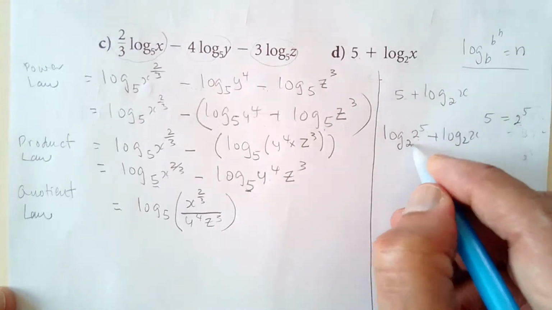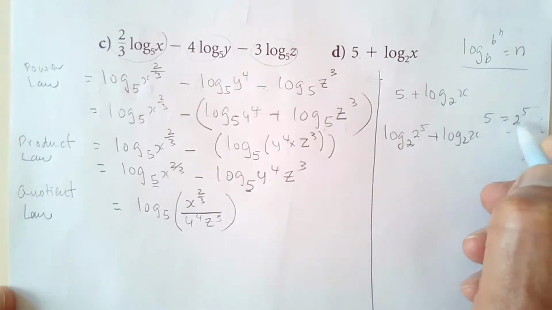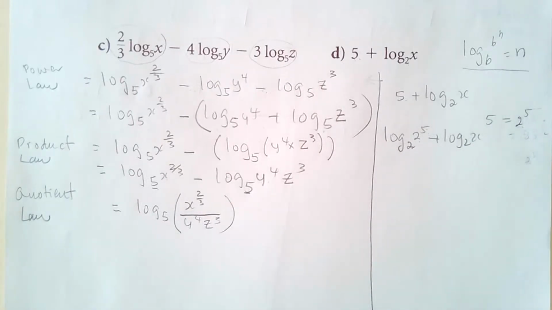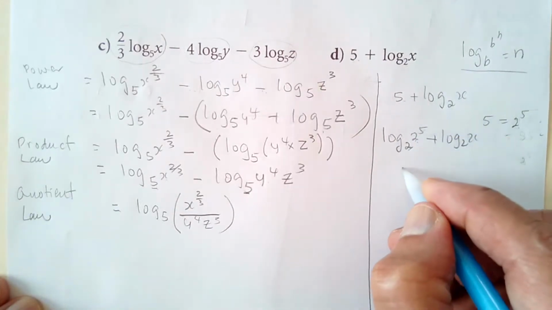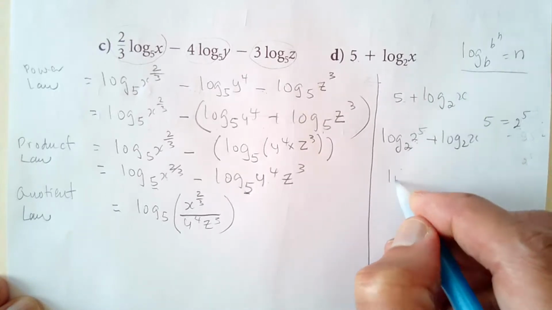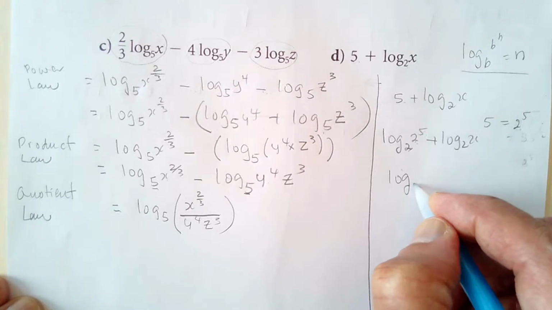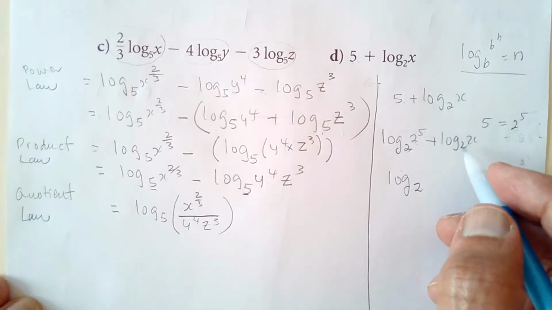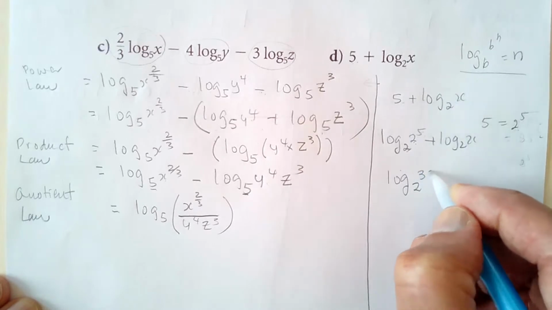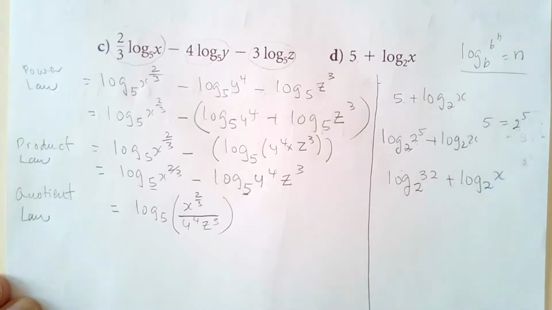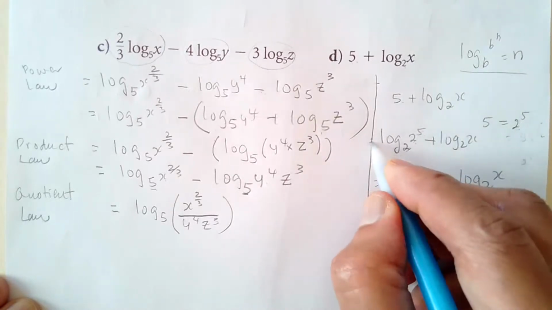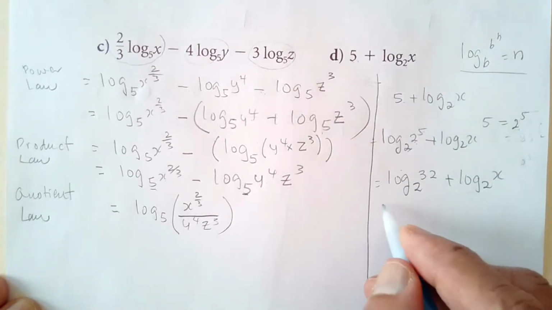So we have here, 5 could be written as 2 to the power of 5, and we're basically rewriting it. So now on my left side here, I have log 32 plus log 2 of x. So use my product law here.